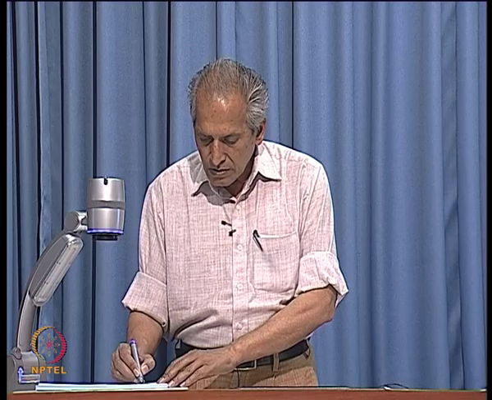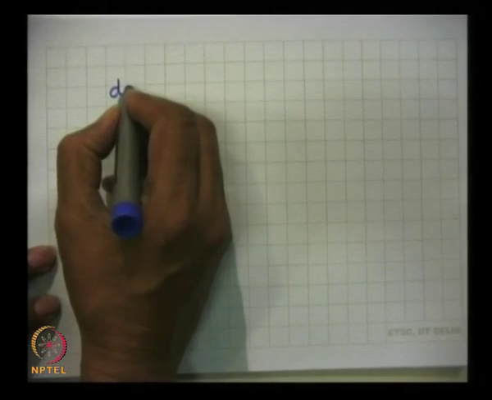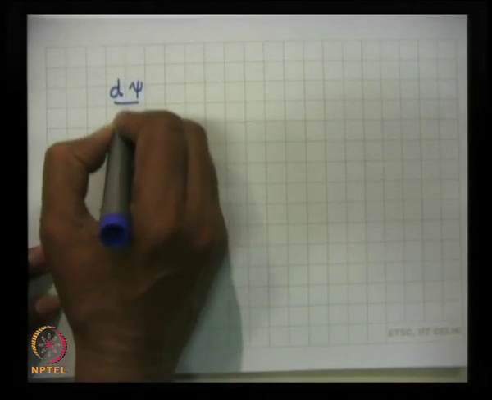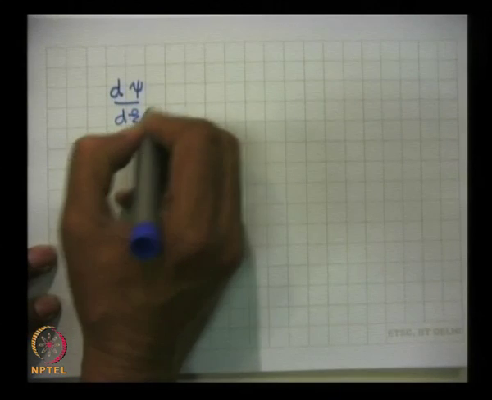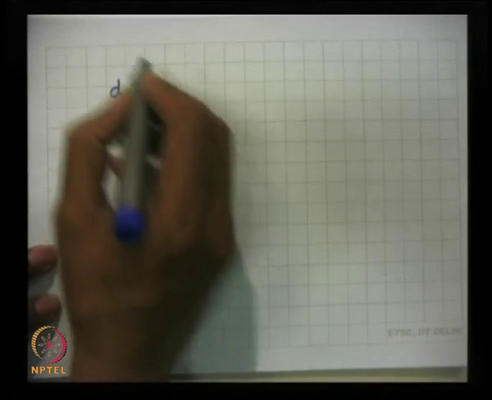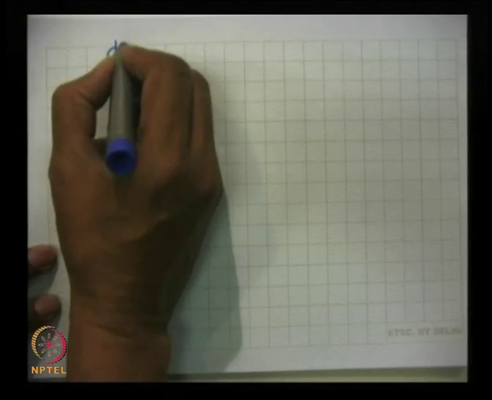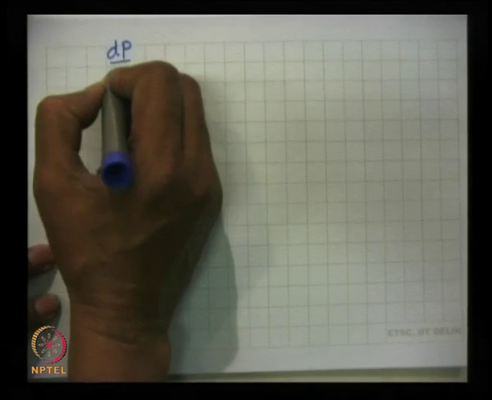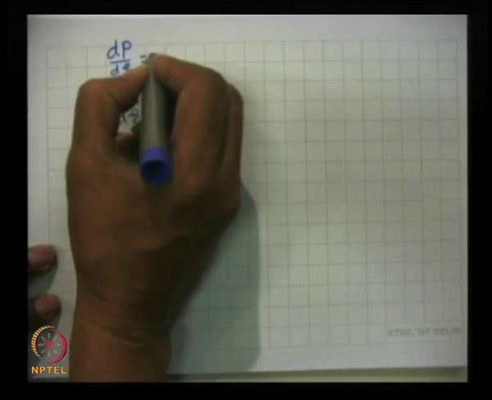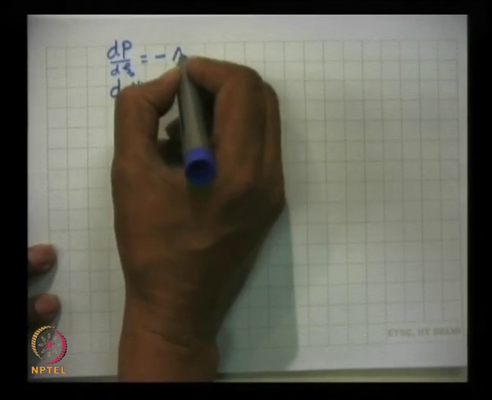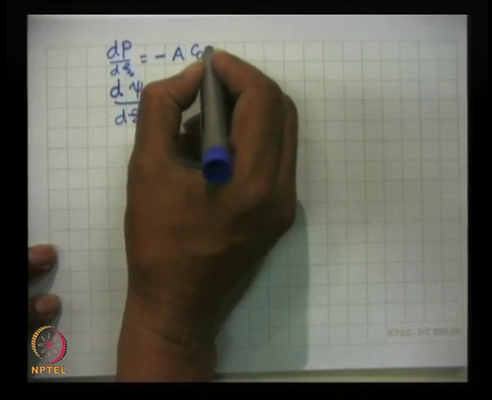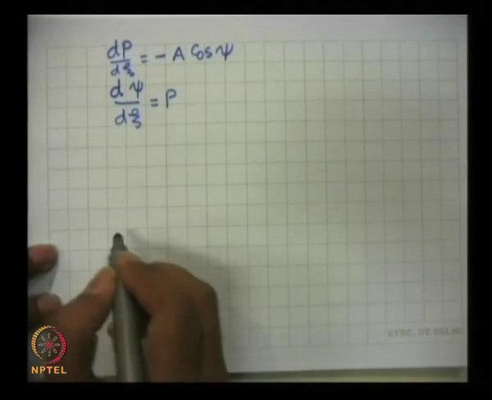Let me just write these. d psi by d z is equal to P, and the other equation was dP by d z is equal to minus A cos psi.